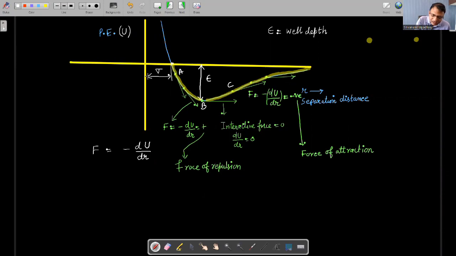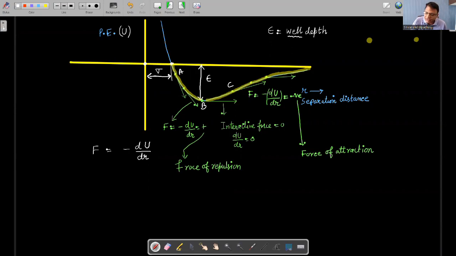Sigma in this graph is the distance from the origin. So this is the separation distance from here to here. At this separation distance, the potential energy between two molecules is equal to zero, and this height is known as the well depth.